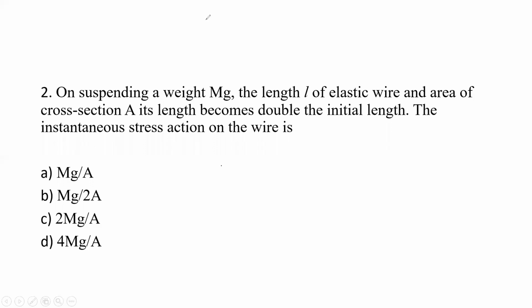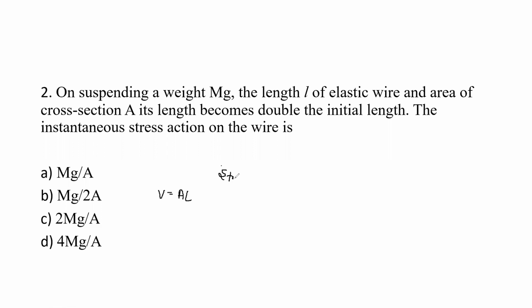So when the length of the wire becomes double, the area of cross section becomes half, because the volume of the wire is constant. Volume can be written as area into length.